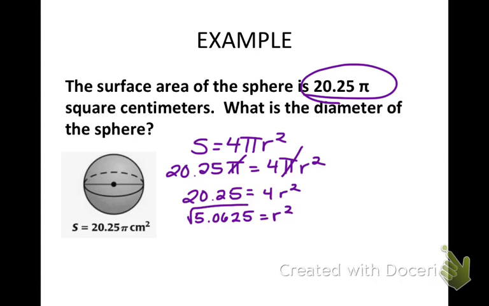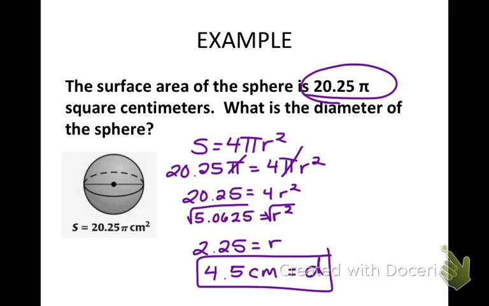Square root both sides. So the square root of that is 2.25, my radius. But notice the question was, what's the diameter? So we just need to double that. So double 2 1/4. That's 4 1/2, right? So 4.5, my units are centimeters, would be equal to my diameter.